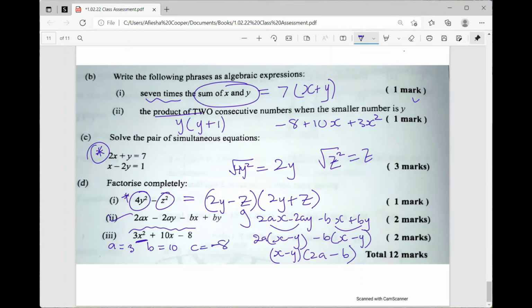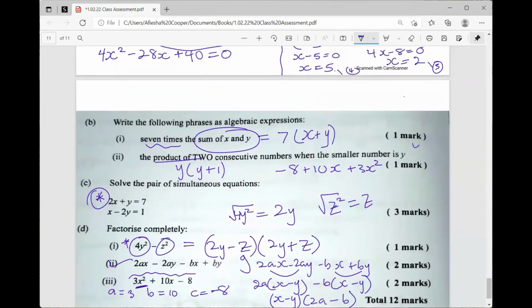I want you all to solve this for me, please. Go ahead. Those of you who solved it, you can give me the answer. AC is how much? Minus 24. So that's 3 by negative 8. And then what do we do?